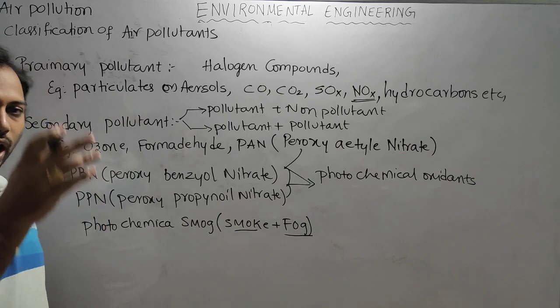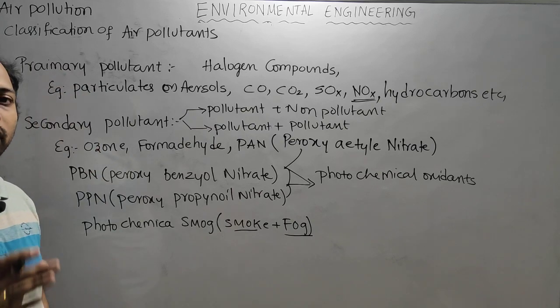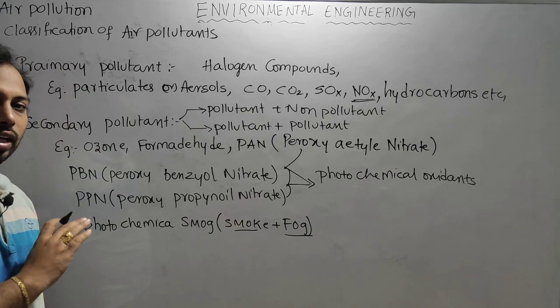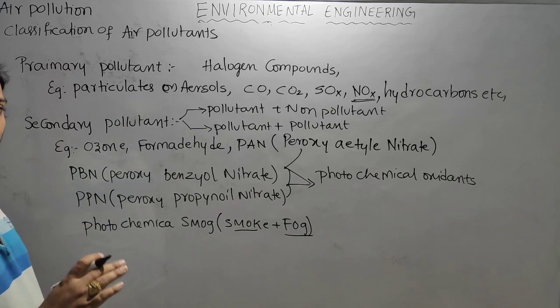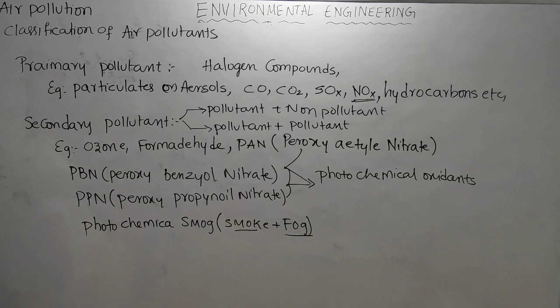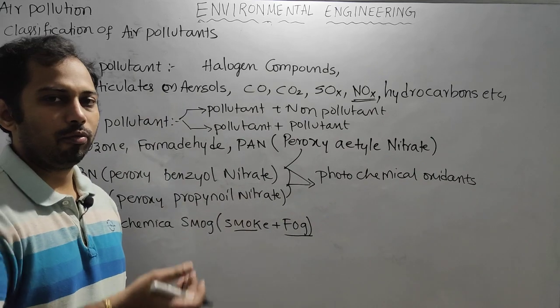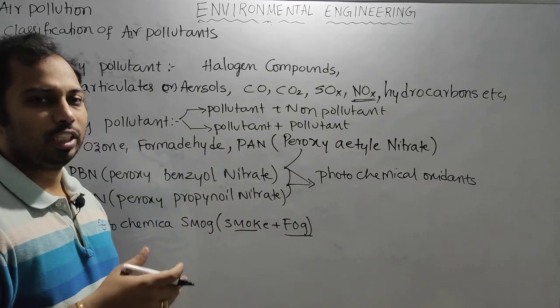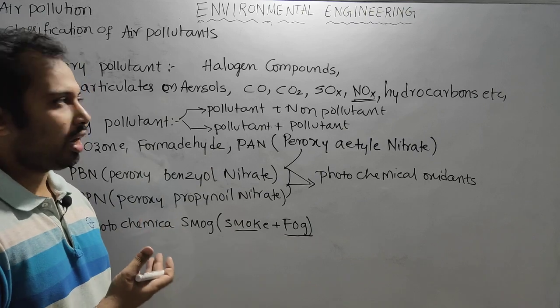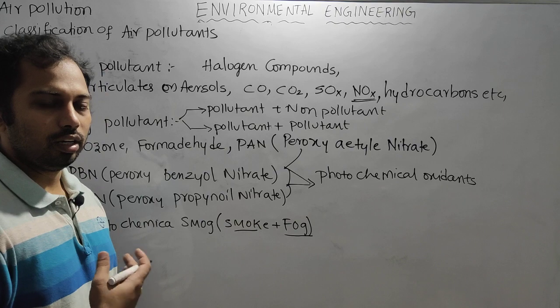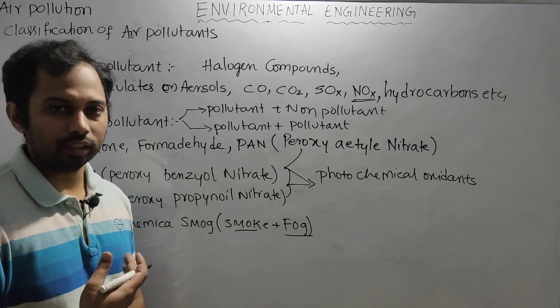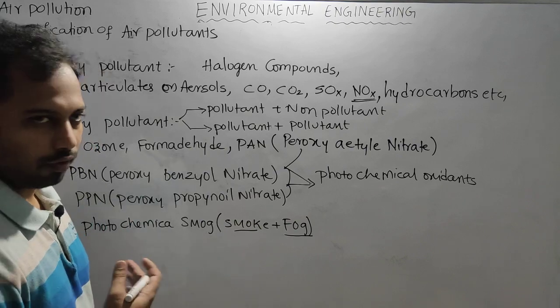Halogen group compounds are good disinfectants, but if they are present inside the air, that is harmful for us. We directly take these halogen group chemicals in through nasal respiration. They are very active chemicals, so if they enter our body they will do unnecessary reactions inside our body which are very harmful.